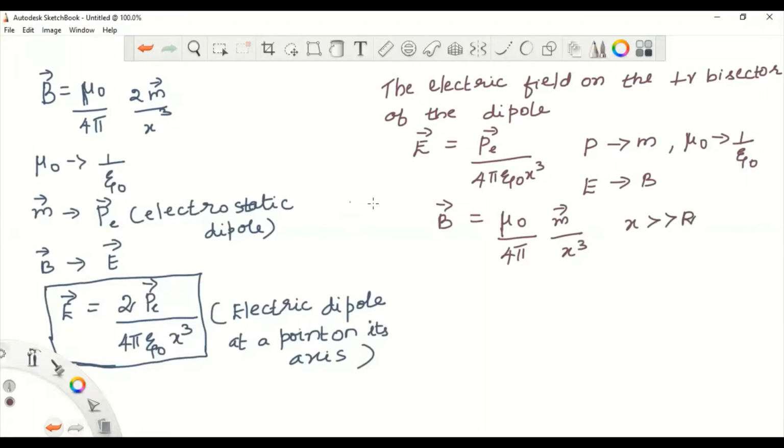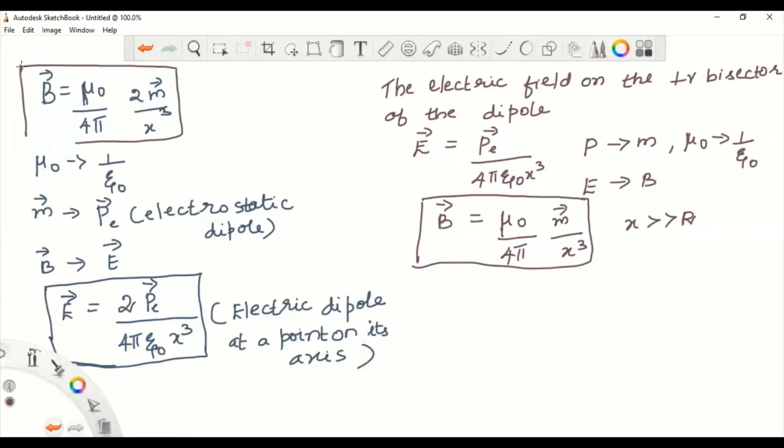Actually, this expression and this expression: this is on its axis, this is on the perpendicular bisector.